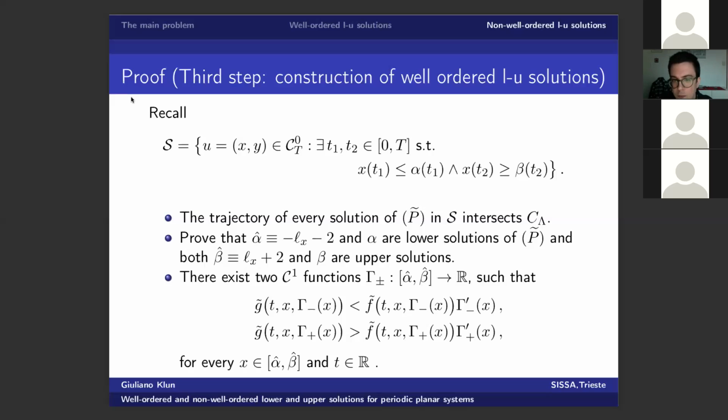Now, with the existence of these two functions, there is hope to apply the previous theorem to this case, because we have pairs of well-ordered lower and upper solutions, and we have found the function capital gamma that plays the same role as the gamma plus and gamma minus in the first theorem.